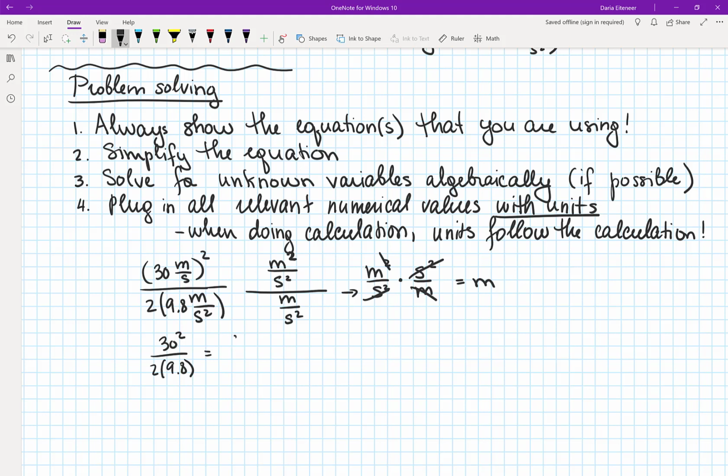I mean, not that you ever need to do it, but just in case, right? You could simplify that and then plug that into your calculator. So you can do as many of those steps as you need, algebraic or arithmetic, whatever. I'm not going to be looking for that stuff. I'm looking for those important steps in problem solving.